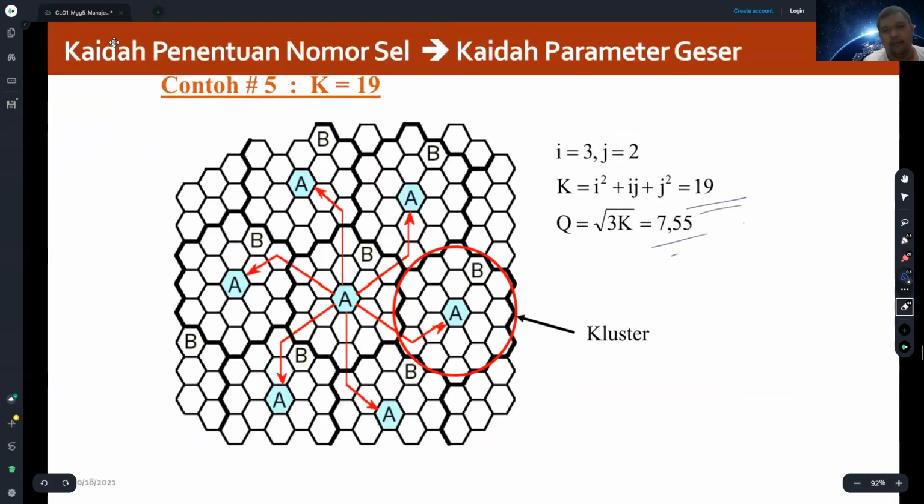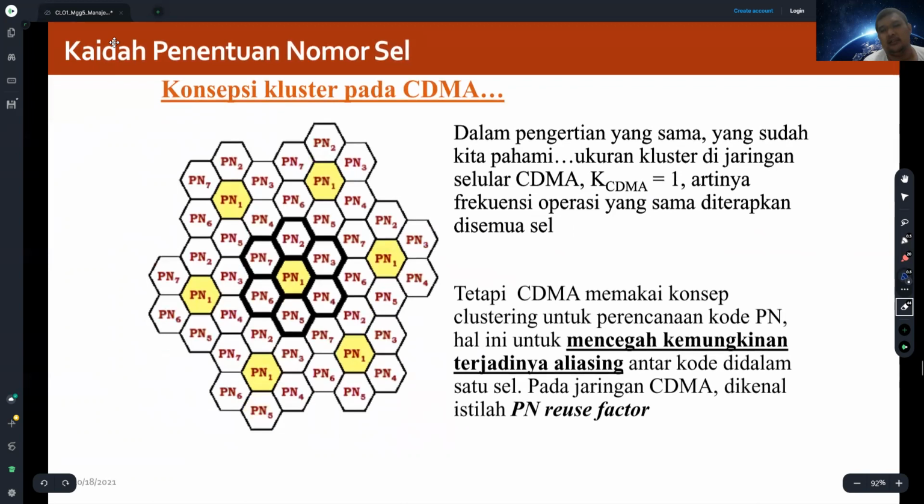Now, besides that, frequency reuse is usually used by normal cellular, I mean it is using the frequency concept, right? However, if we are talking about CDMA, we know that during the last 3 weeks of lecture, we have already learned about CDMA, right?